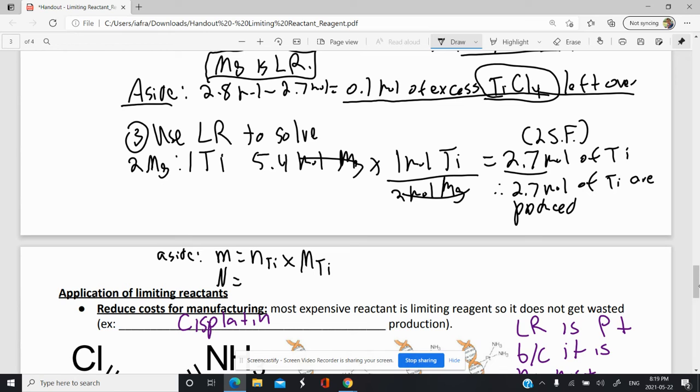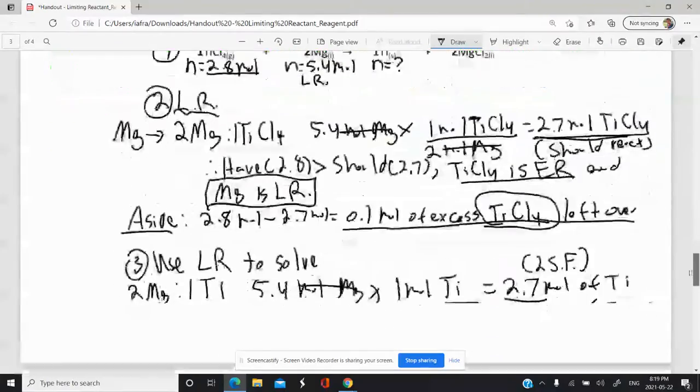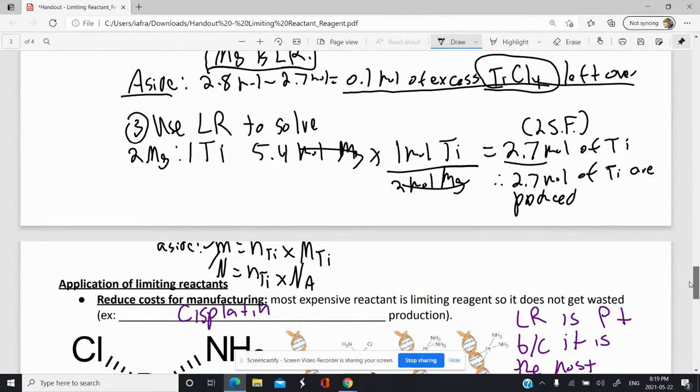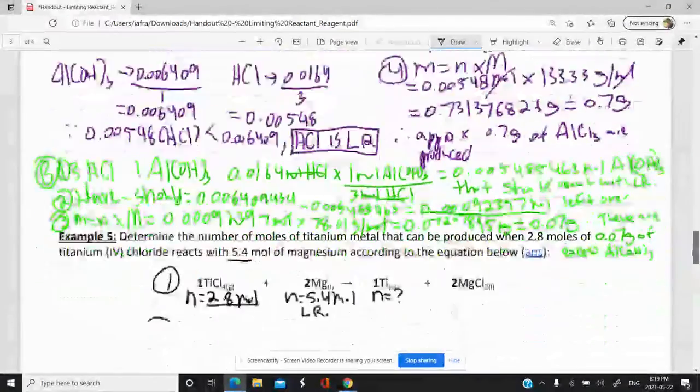You would simply do the number of moles of titanium that you found there times Avogadro's number. So you can convert based on the formulas that you know. And any of those things could be asked. You'll see some problems in your homework like that, where you might have to convert the number of particles to mass, just like we did in previous problems as well.